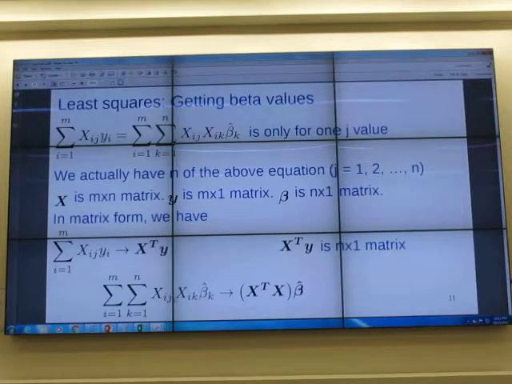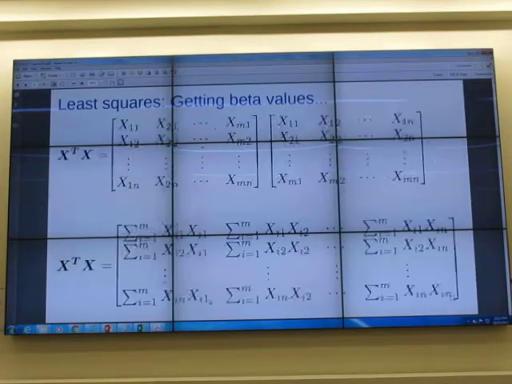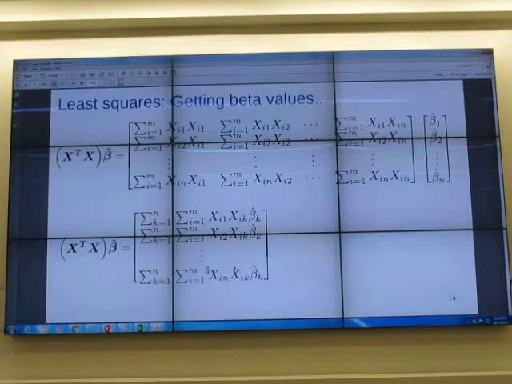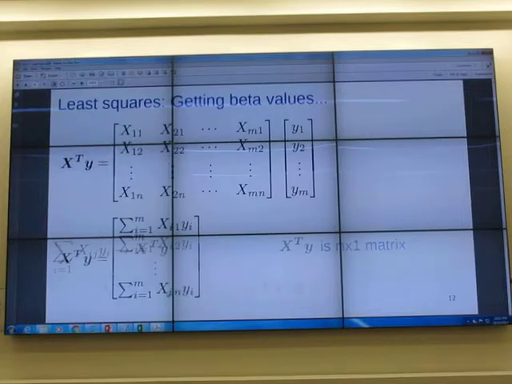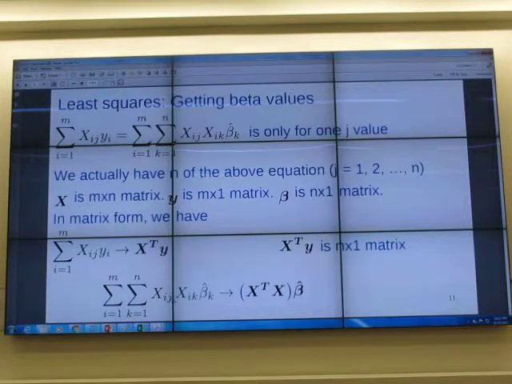Not the same, xij, xik, beta k. I have xin, xik, beta k. So it doesn't match. Oh, that's a little bit different, I think, because of the typo.